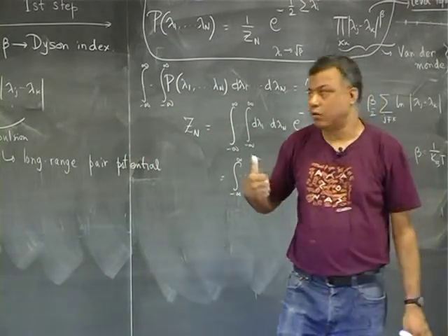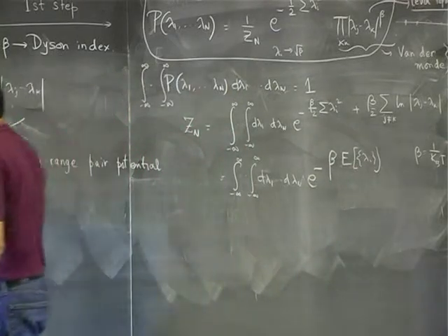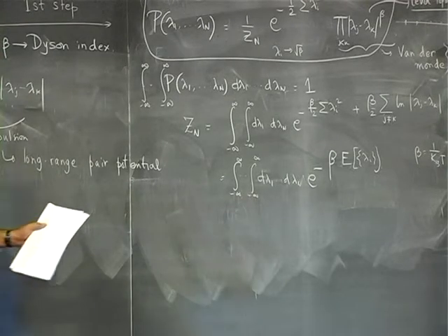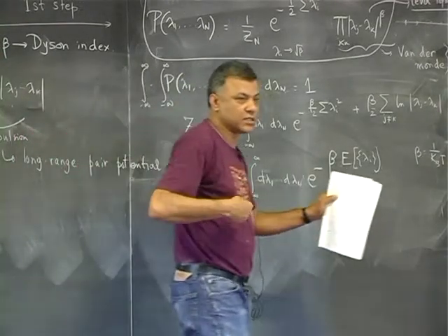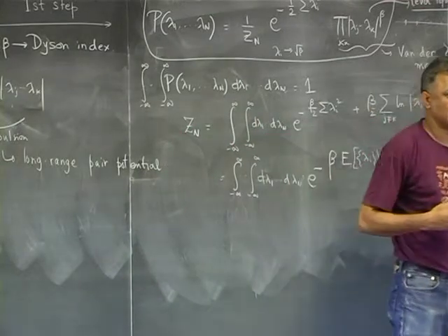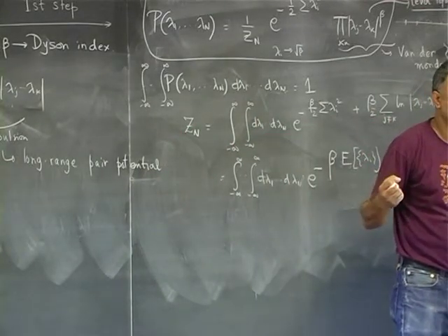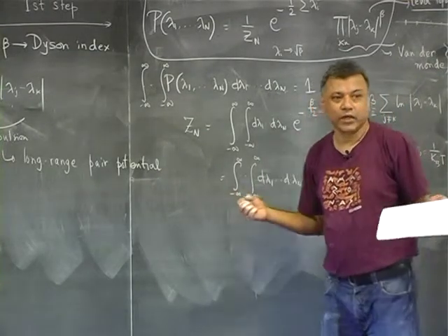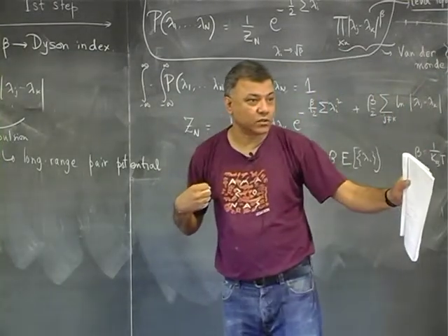Now, whether it's Coulomb or not, you know that in 2 dimensions, Coulomb charges repel each other by logarithmic interaction. In 3 dimensions it goes like 1 over r. In general it's 1 over r to the power d minus 2. So in 2 dimensions there is a logarithmic interaction.